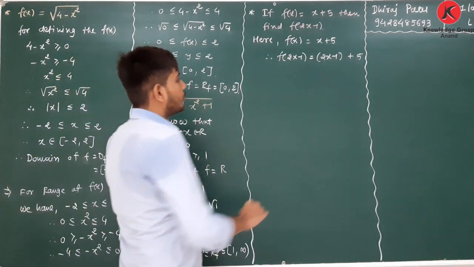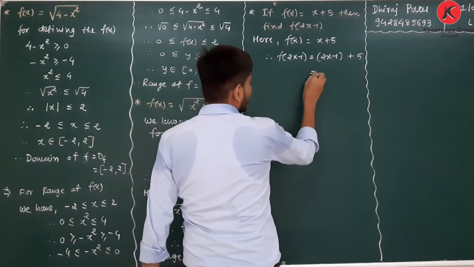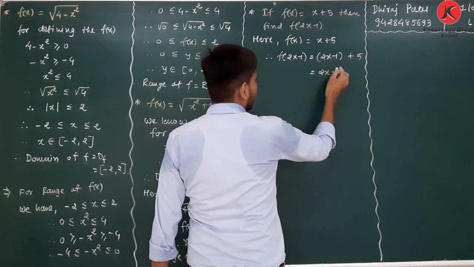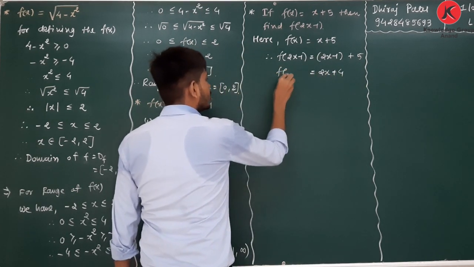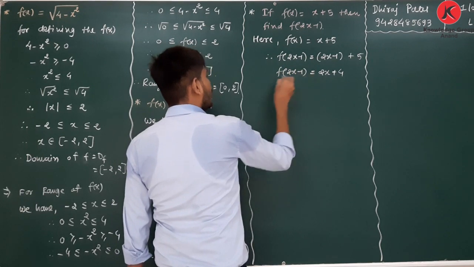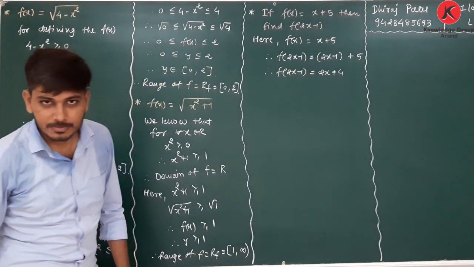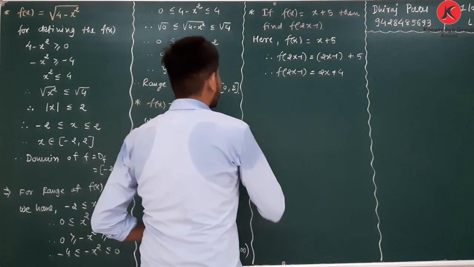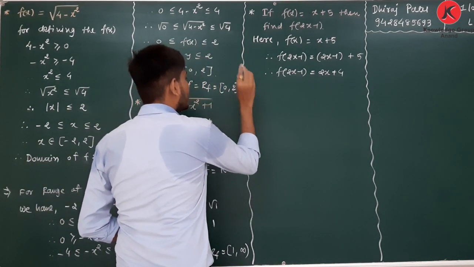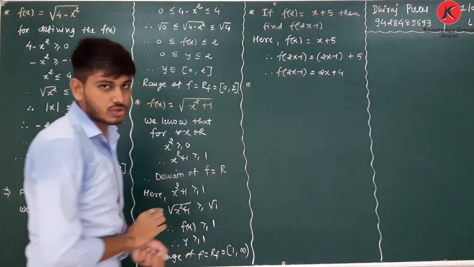Therefore, simplifying, 2x minus 1 plus 5 equals 2x plus 4. This is your answer for f of 2x minus 1. Clear?